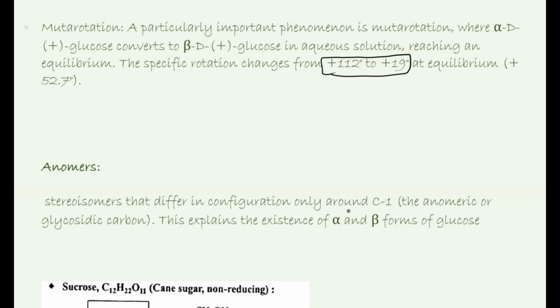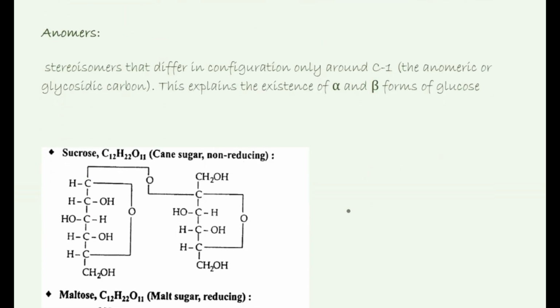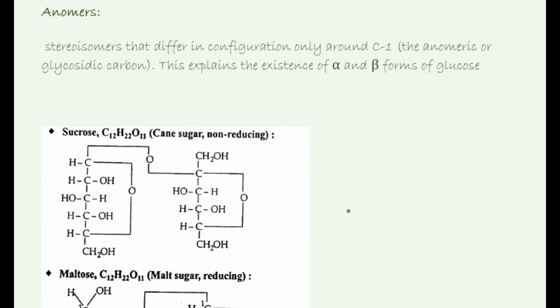And another important term in carbohydrates is anomers. The question can be asked from this part: what is an anomer? Which of the following is an anomer? That kind of question you can expect. Anomer is very simple. It refers to a pair of stereoisomers which differ in configuration only around C1.